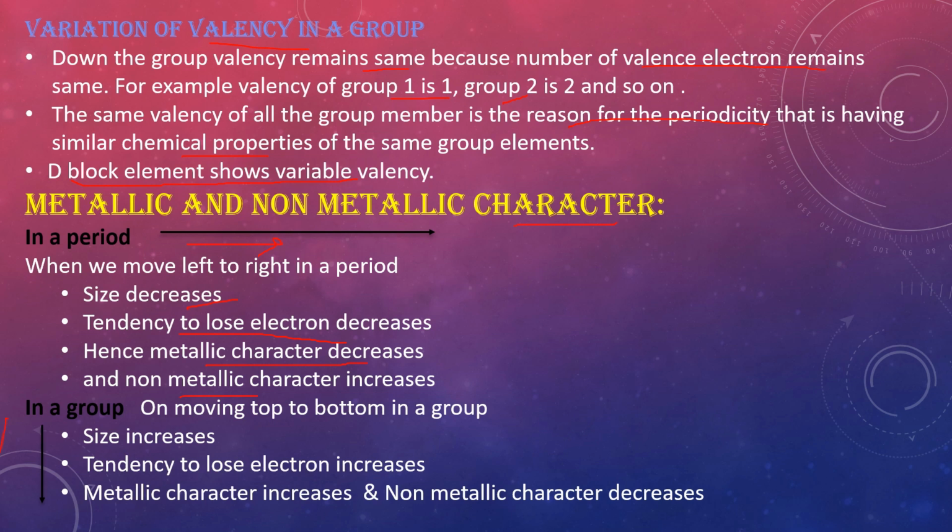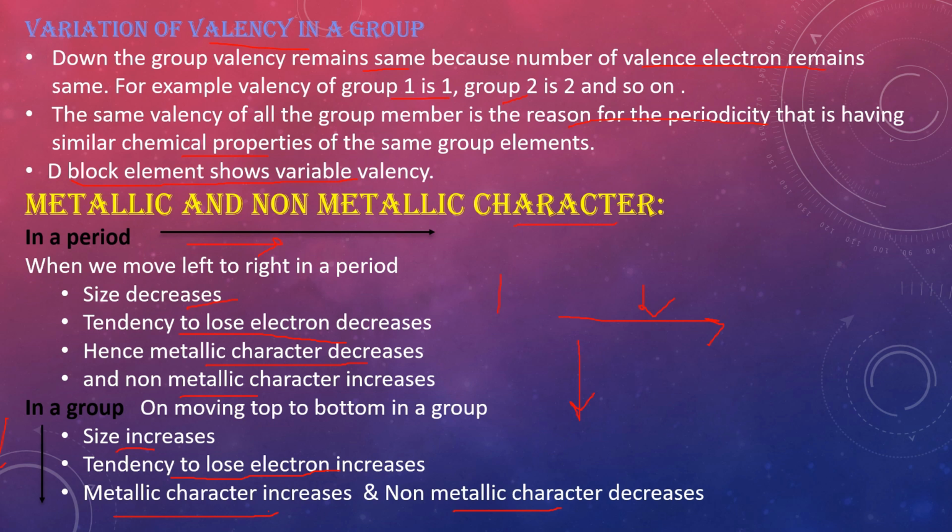Now coming to top to bottom, the size increases, so the tendency to lose electrons increases. That means the metallic character increases and non-metallic character decreases. So in general we can say metallic character decreases when we move left to right and it increases when we move top to bottom.